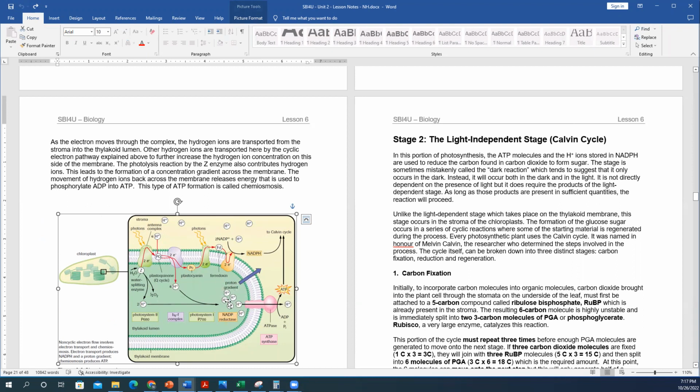And the energy from this proton gradient can be used by an enzyme called ATPase, or ATP synthase. And it uses this energy, this proton gradient, as protons move across this protein back to outside to the stroma.